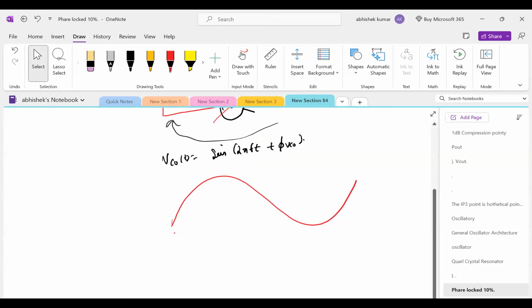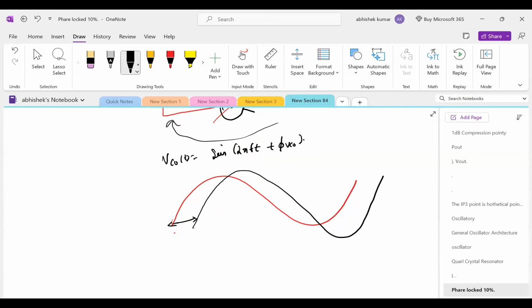Now observe. This is your original frequency, and this is your frequency with a different phase.